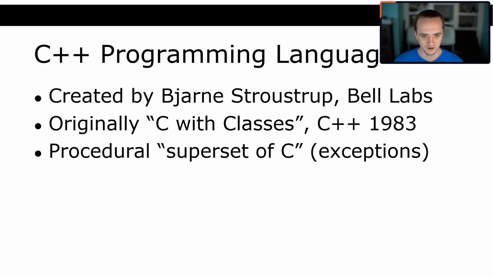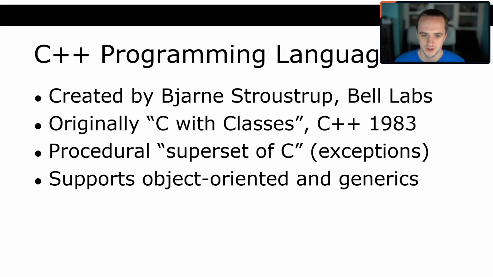Now, there are exceptions. You can write C programs that use obscure functionality that will not compile in C++, but for the most part, the entirety of C is contained in C++, okay? But don't come after me because I said that. It's practically true, but not theoretically true.